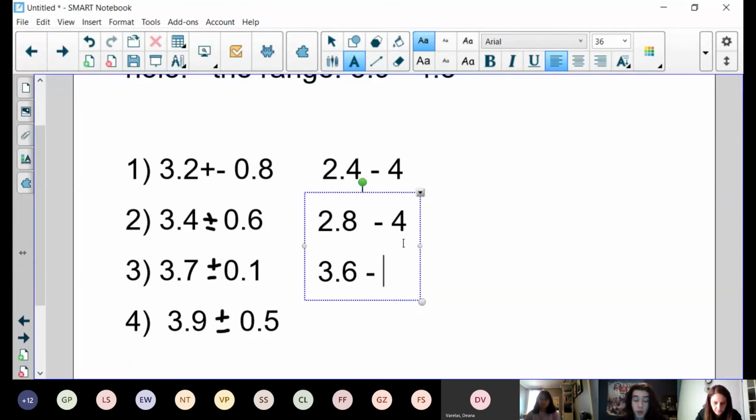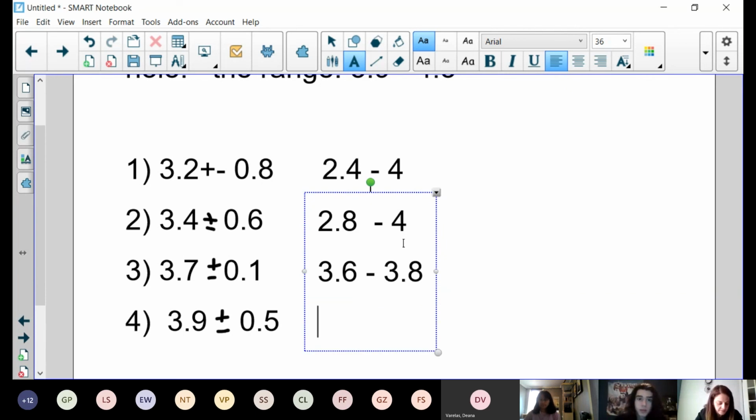And 3.7 plus 0.1 is 3.8. Yes. And number 4. You want to continue? Sure. Okay, 3.9 minus 0.5 is 3.4. Yeah. And plus 0.5 is 4.4. Yep.